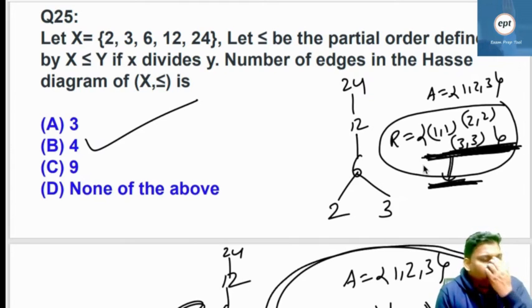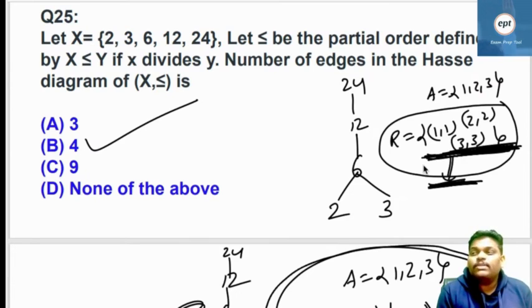The empty set is irreflexive, yes, because no (x, x) pair is there. No (x, x) pair means irreflexive. All (x, x) pairs should be there for reflexive. If only all (x, x) pairs are there, it is symmetric also, reflexive also, transitive also.